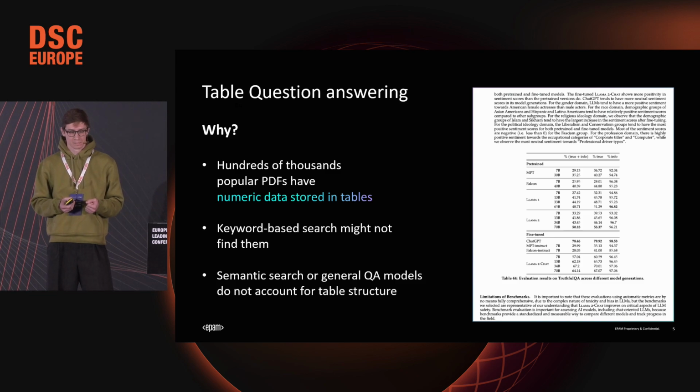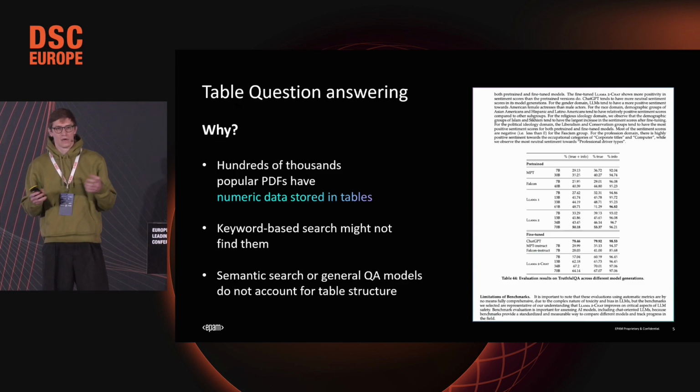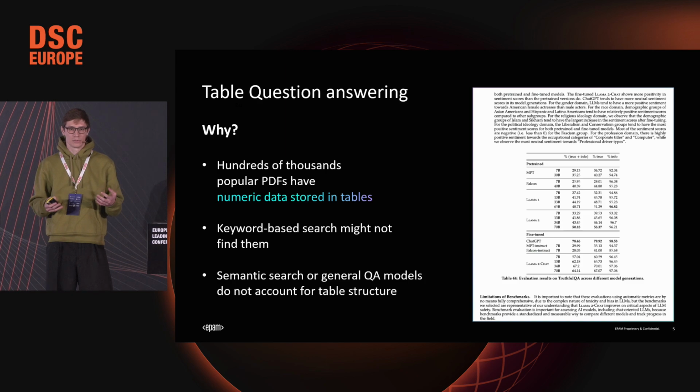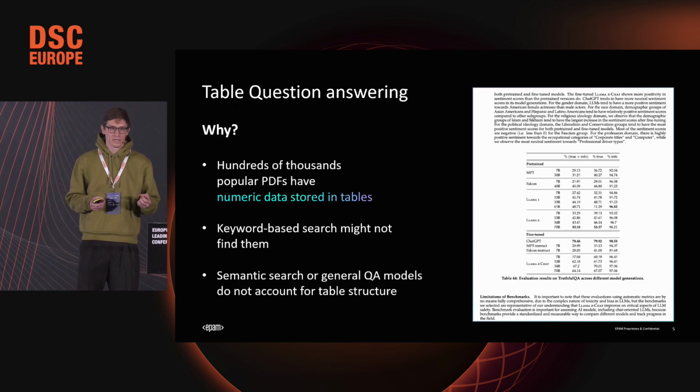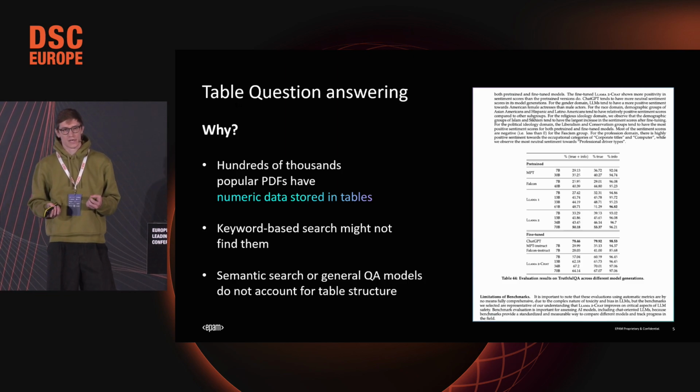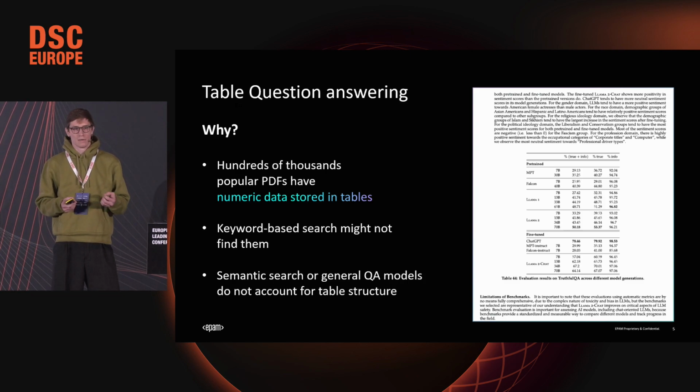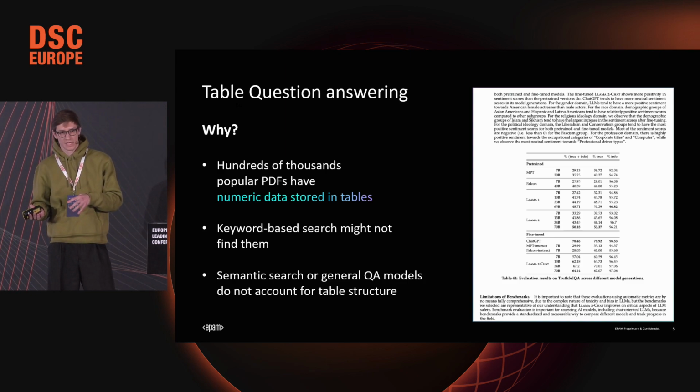So tabular question answering is just another feature in that set, which might help engineers to get more out of how they interact with documents. What we found is that we have hundreds of thousands of documents which contain tabular data, and what is important here is that it's numeric data, meaning that traditional approaches like keyword-based search might not let users find that information in the document because they might not know the exact name of the parameter or the exact name of the table.